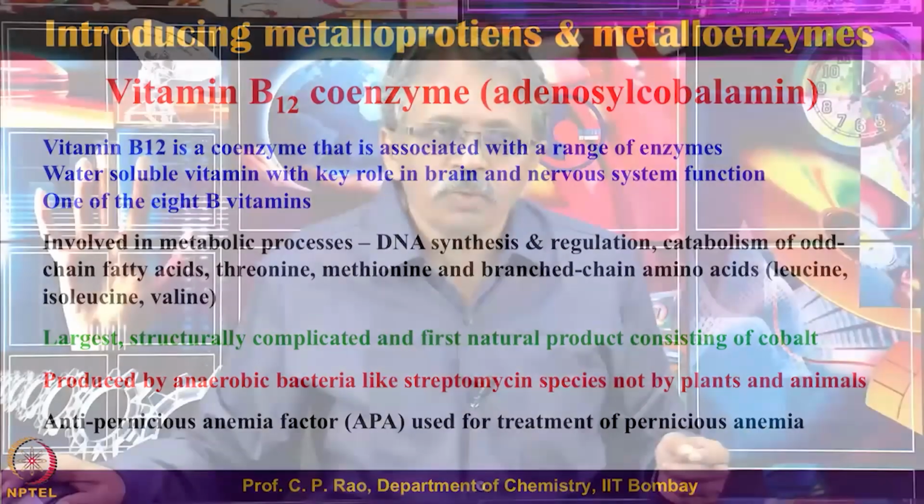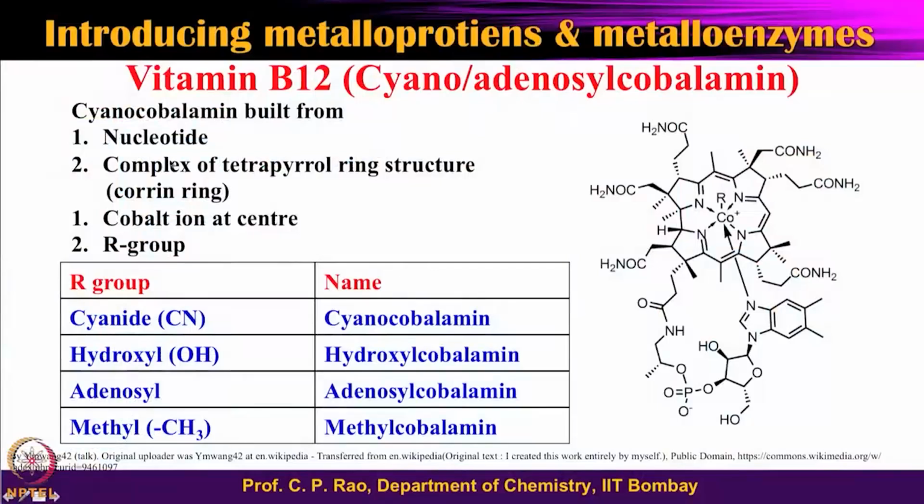People, you know very well, take vitamin B12 whenever they feel somewhat weak. That is how you supplement cobalt in the form of cobalamin, as a supplement. Now, let us look at some of these different forms.